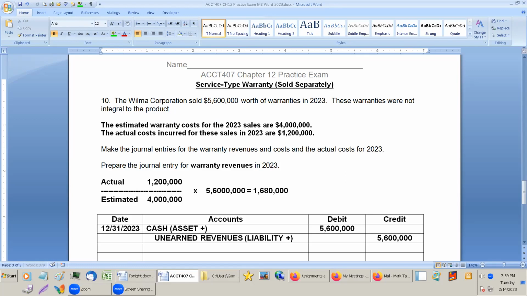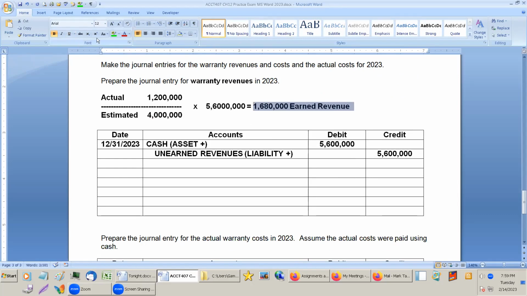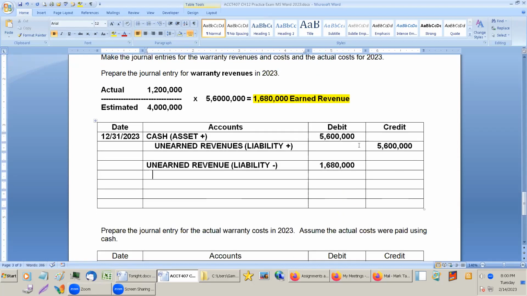I want to check that. So this will be the earned revenue. Professor, I think you got one too many zeros in the 56.